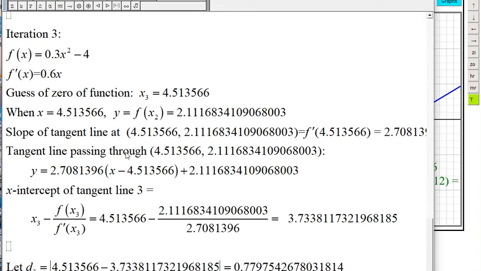And so the equation of the third tangent line would be y equals 2.708, which is the slope of the tangent line, times x minus 4.5, plus the y, which is 2.11.